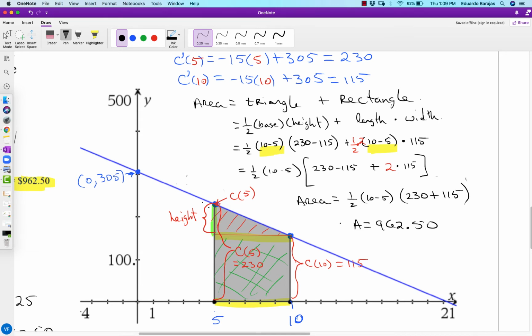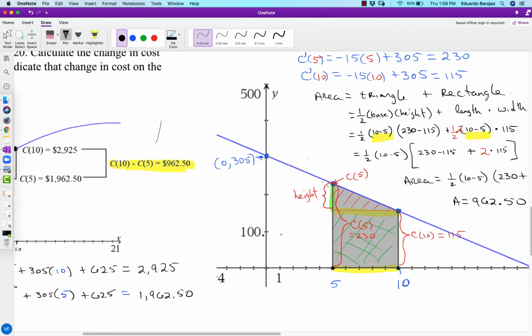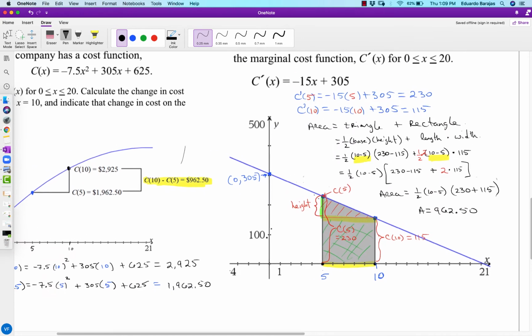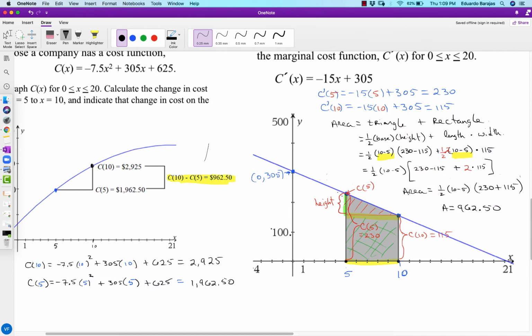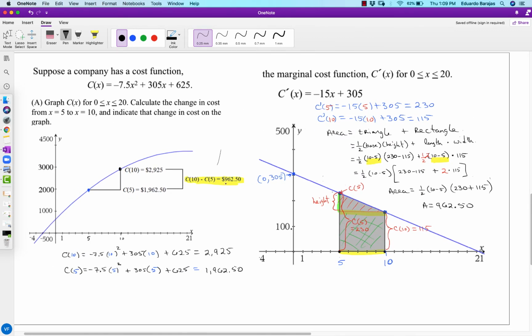Okay, we get the exact same answer that we got before. So this answer, the area in this gray region here, is the exact same answer we got before.